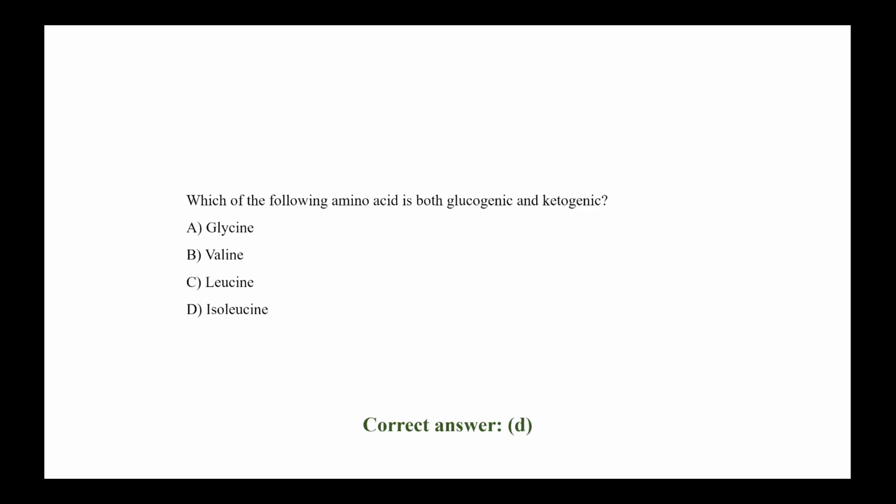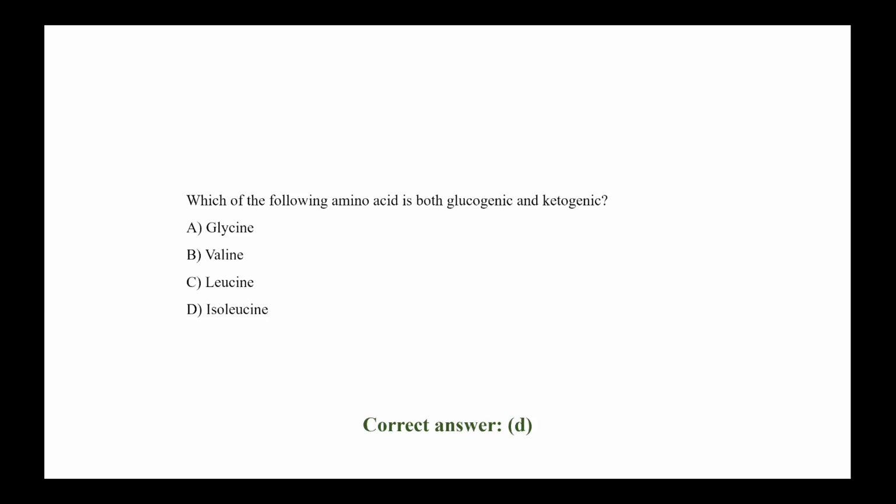So in the question I've asked, which amino acid is both glucogenic and ketogenic? The answer would be isoleucine. Isoleucine can enter the metabolic pathway via acetyl coenzyme A, which is a ketogenic pathway.